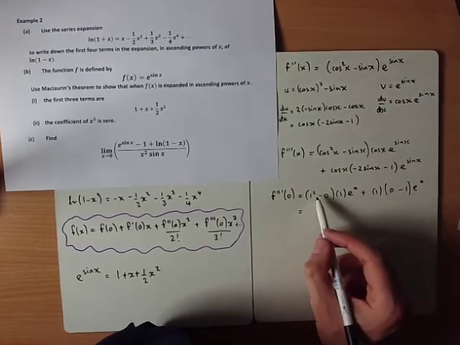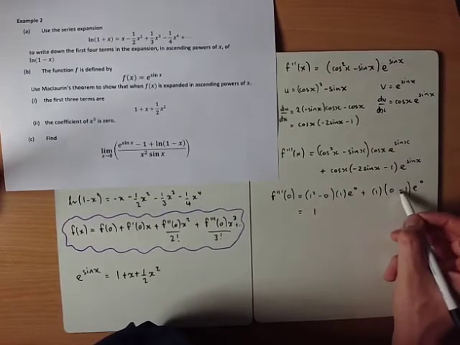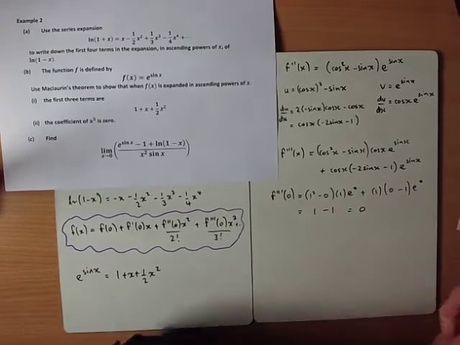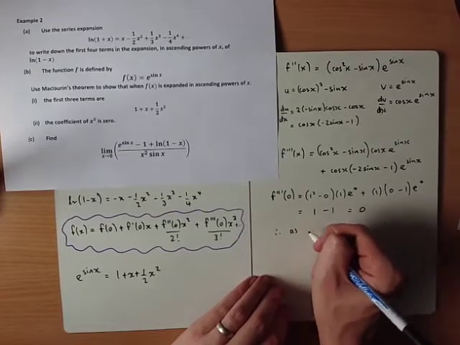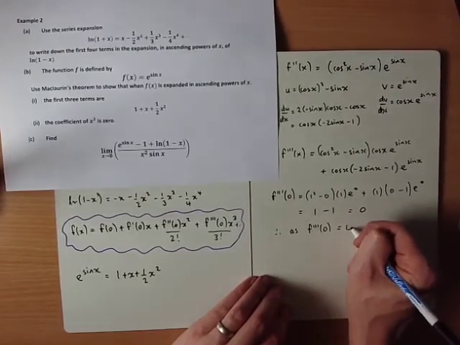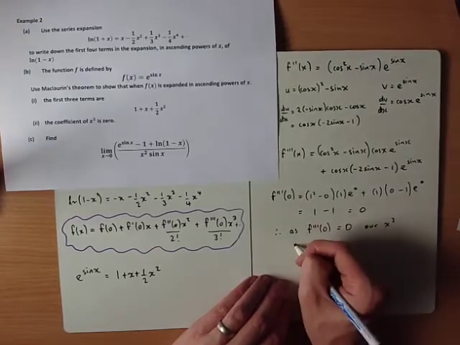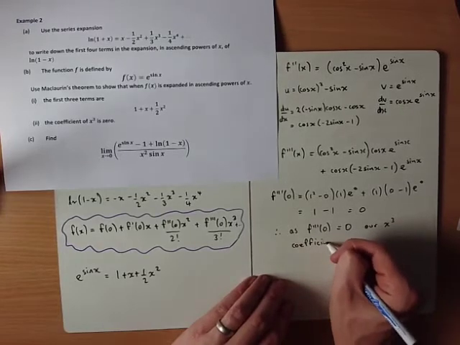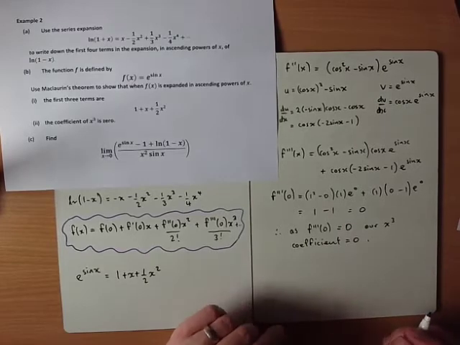So what have we got? 1 times 1 times 1. We've got 1, plus 1 minus 1, equals 0. So you could say therefore, as the third derivative is equal to 0, our x cubed coefficient must equal 0.